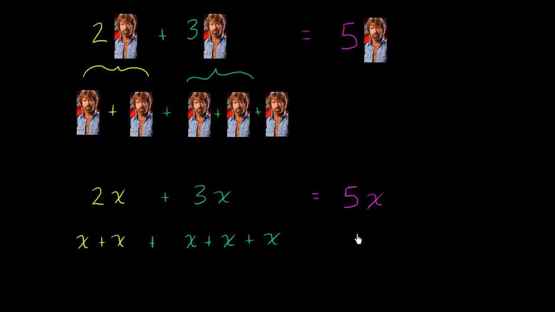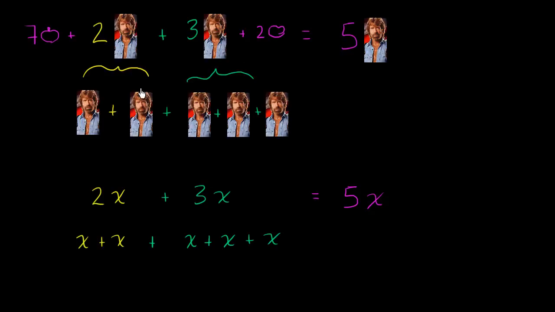Now let's think about this a little bit more. Let's go back to this original expression, the 2 Chuck Norrises plus 3 Chuck Norrises. Let's say to that we were to add 7 plums over here. So this is my drawing of a plum. So we have 7 plums plus 2 Chuck Norrises plus 3 Chuck Norrises, and let's say that I add another 2 plums here.